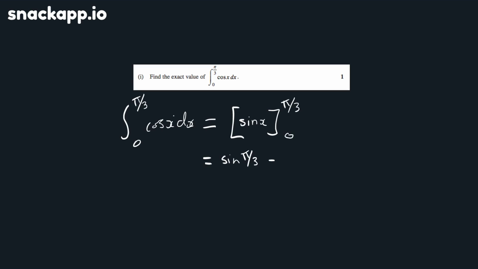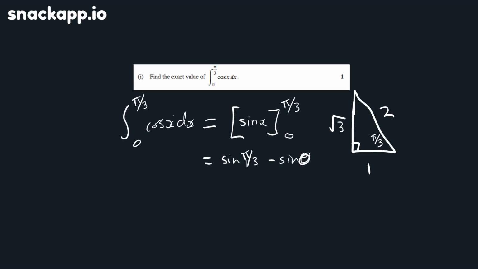This part's actually pretty straightforward. We get sine of pi on 3 minus sine of 0. So sine of 0 is just 0. Sine of pi on 3, we could use our triangle if that's how you prefer, or you just memorize it. Seen this triangle before. That's pi on 3 there. Our right angle triangles for our identities.